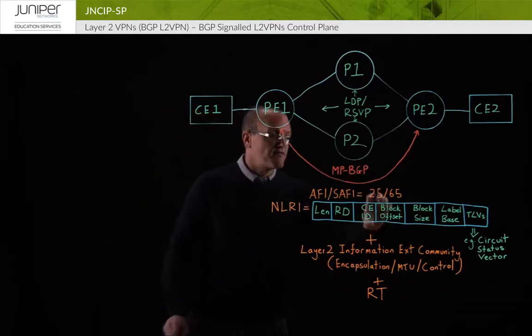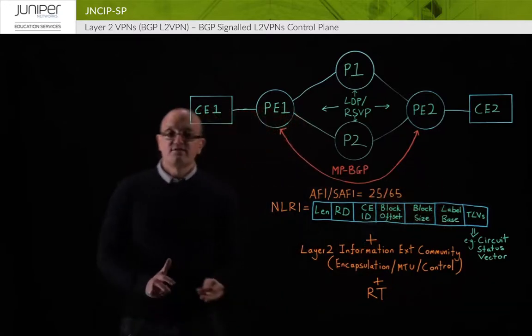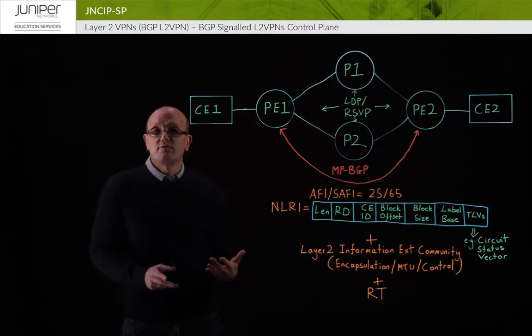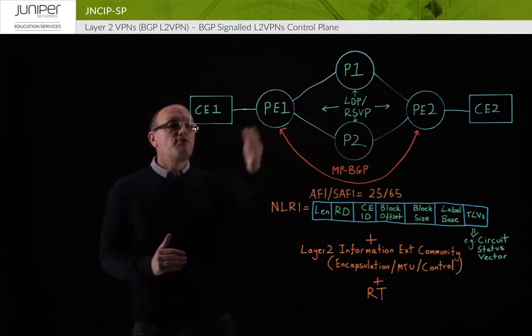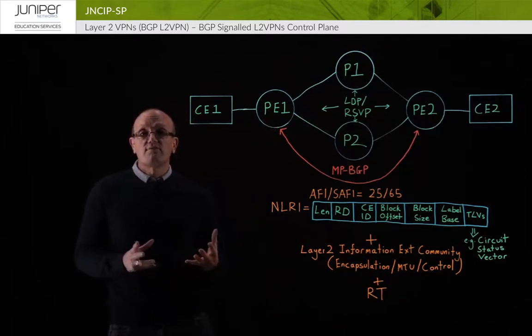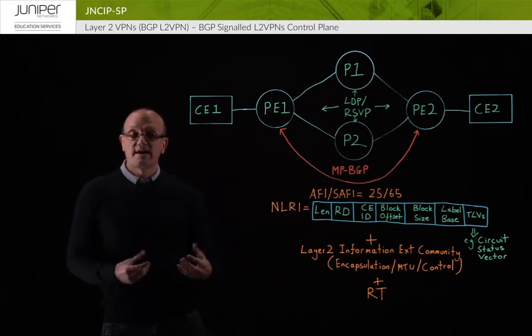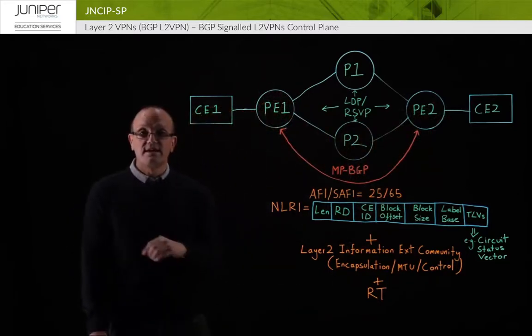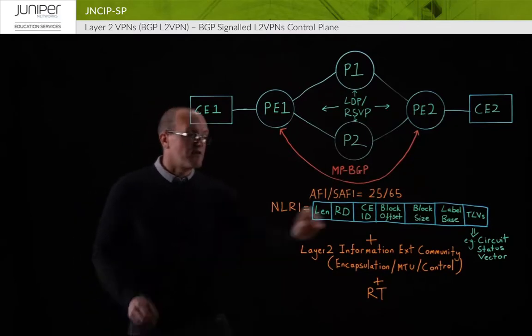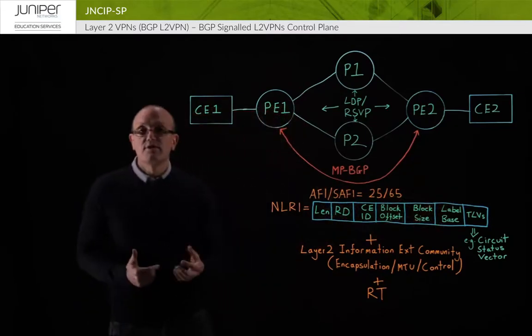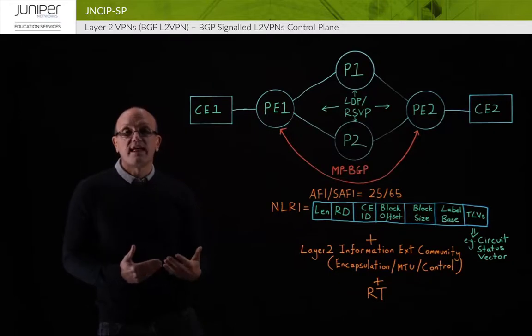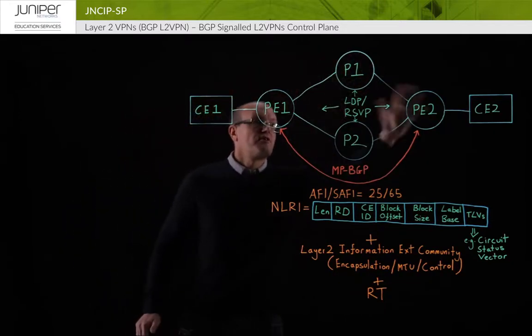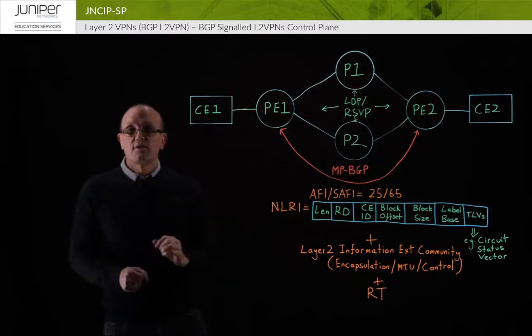Then we have three values that relate to the MPLS label that we're going to be pushing onto a packet on transmission and removing from a packet on receipt on ingress and egress PEs. This is the innermost label we're talking about when we have a multiple label stack going through this MPLS signaled network.